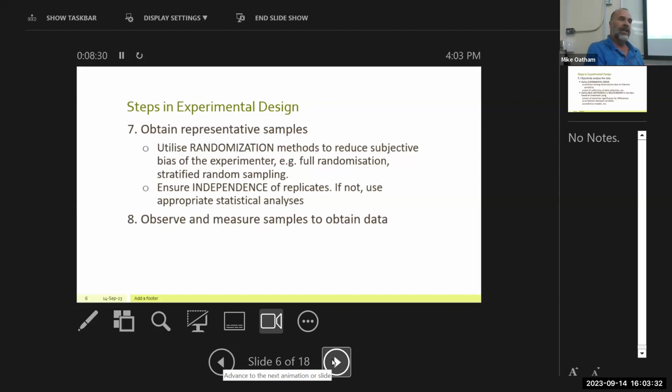Okay, and to make sure that it's truly representative, we need to be as objective as possible. Reduce the bias as much as possible, reduce the bias in the way that we collect the data. All right, and quite often that means randomization of where we collect the data.